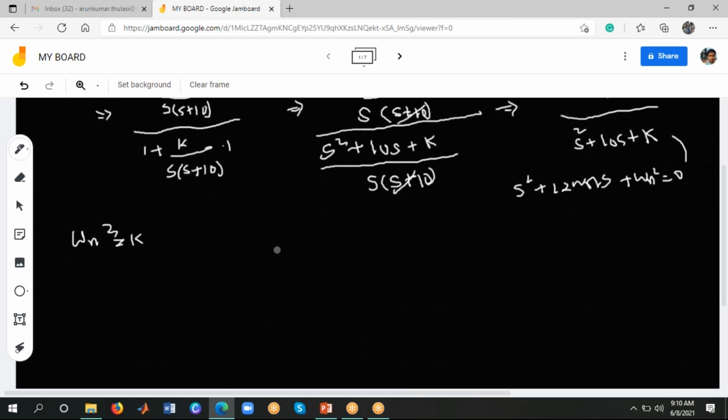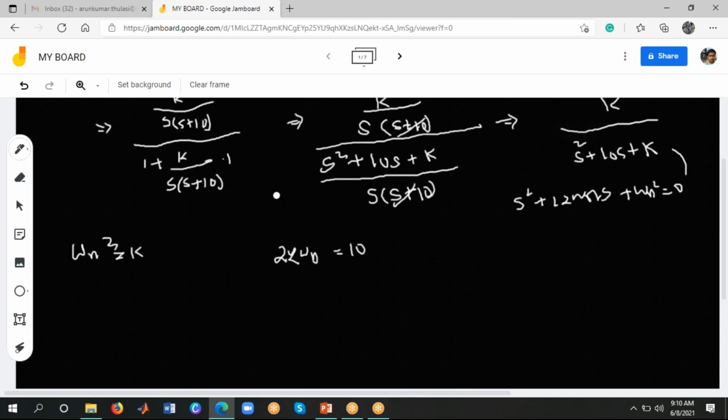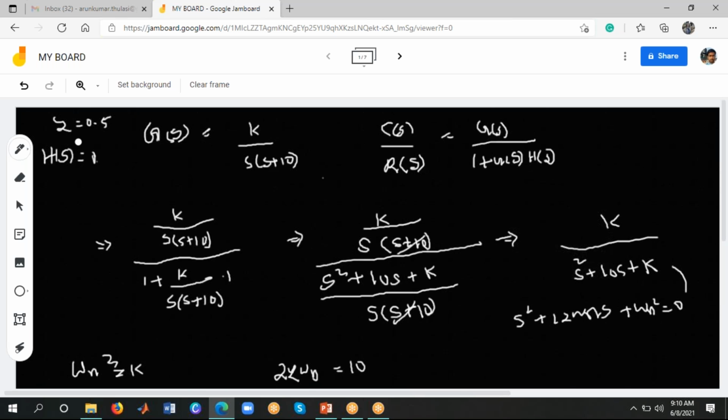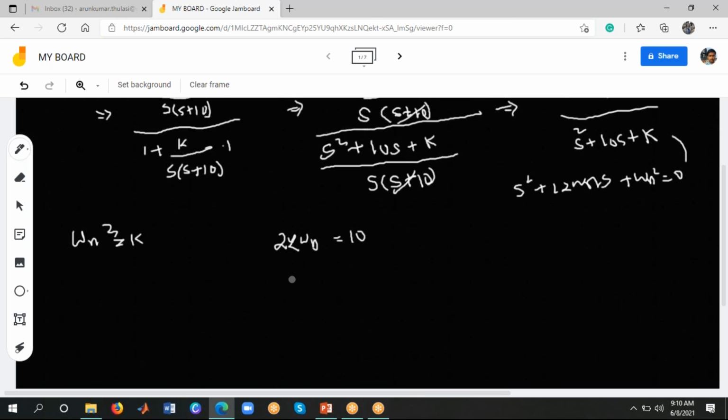Now, the next thing is 2 zeta omega n is equals to 10. According to the problem, they have already given the value of zeta, 0.5. So now substitute: omega n is 10 divided by 2 into 0.5.